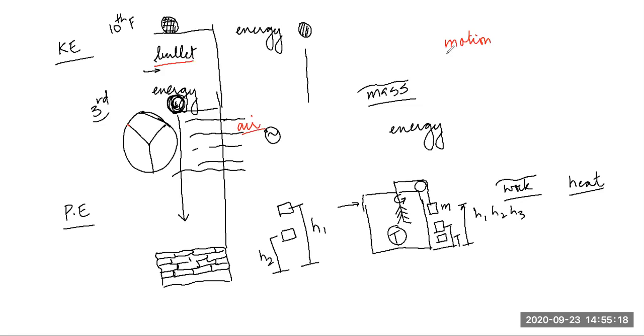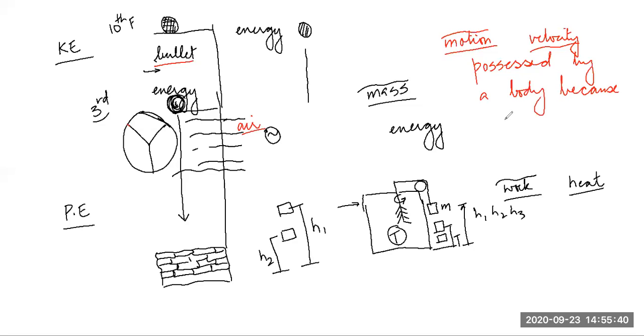They all have some velocity, right? The energy possessed by a body because of its motion is known as kinetic energy.